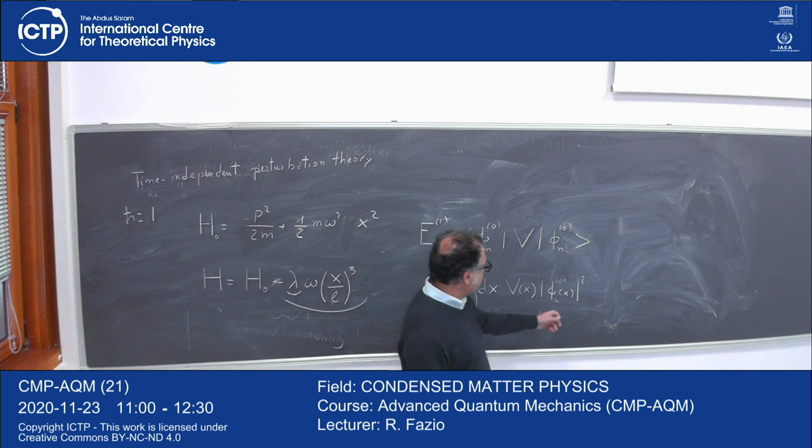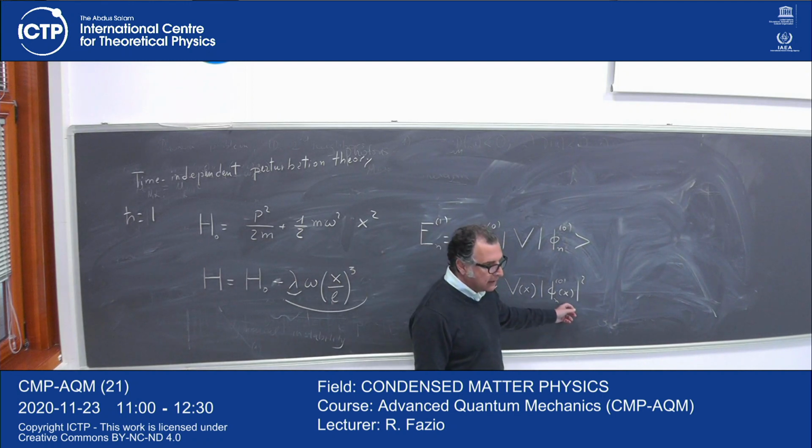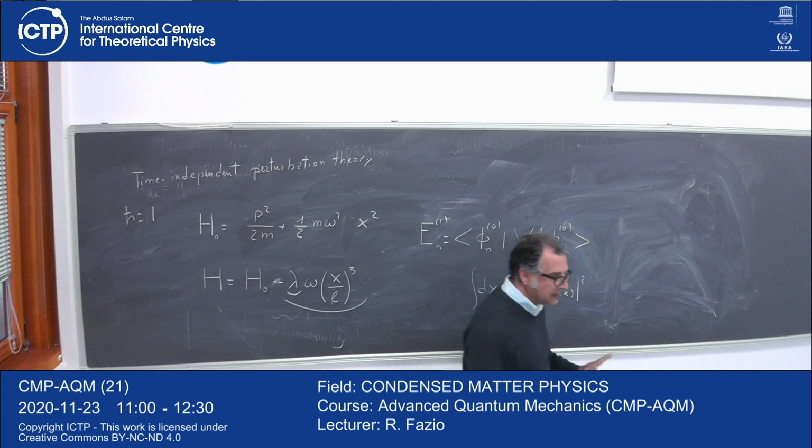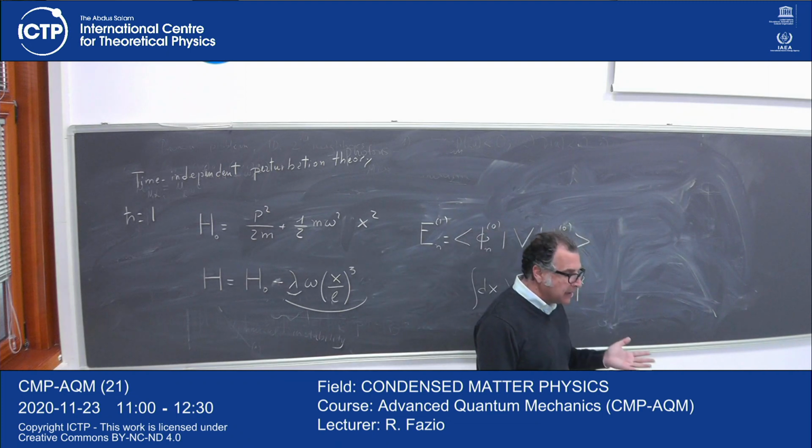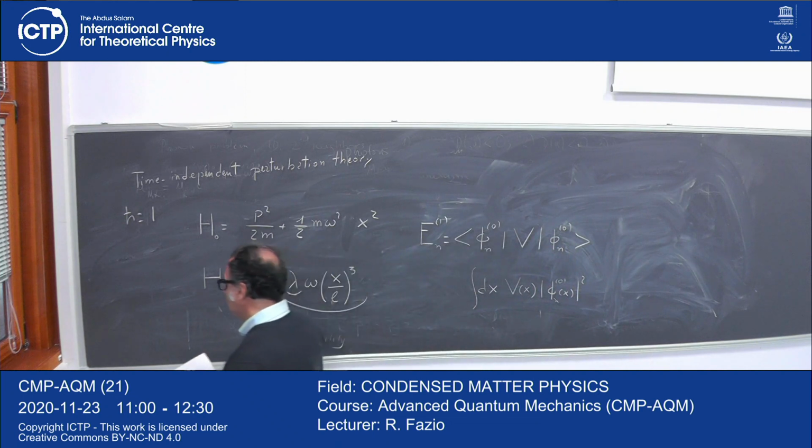So you see that by symmetry the wave functions, so the probabilities, are always an even function of x, while the potential is an odd function of x. So this integral is always 0. So by symmetry, a cubic potential will not introduce any shift. So this is 0.